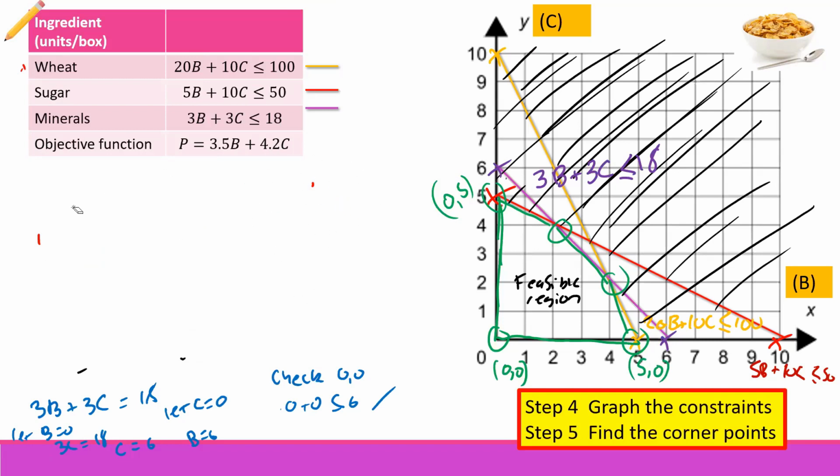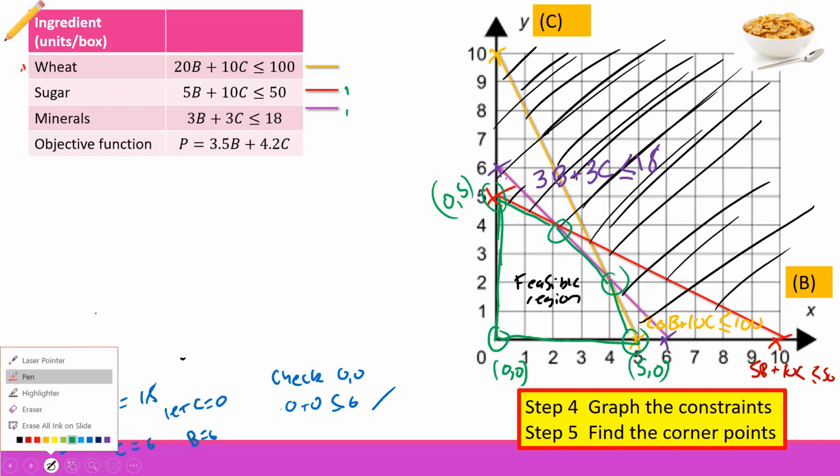As I've said already, I find it interesting that this is a small part of this question, yet previously this year, this was the big end of linear algebra, being able to do these problems. But we now need to be able to do them like that. So we need to find the intersection between the purple and the red line. The purple and the red line happen to be this line and this line here.